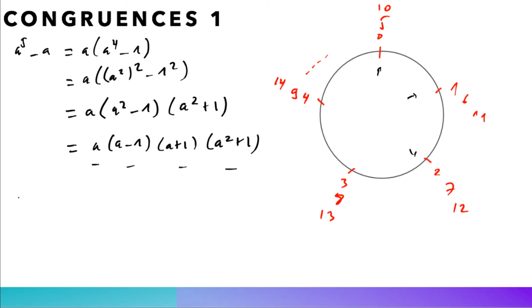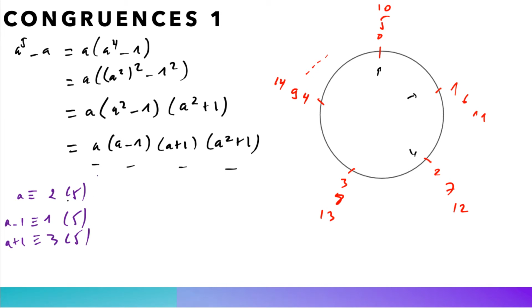The third case is when a points to 2 modulo 5, in which case a minus 1 points to 1 modulo 5, and a plus 1 points to 3 modulo 5. So we see that none of the three factors here is a multiple of 5, and this is because none of them points to 0, so we must inspect a squared plus 1.